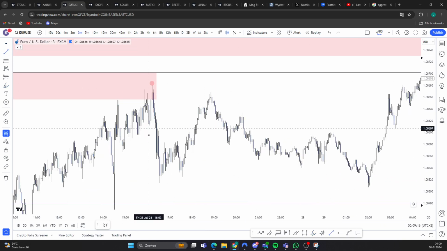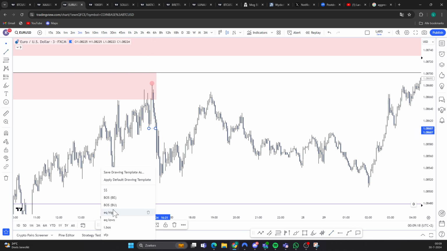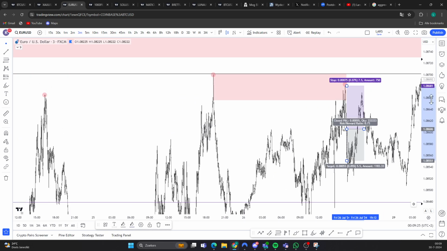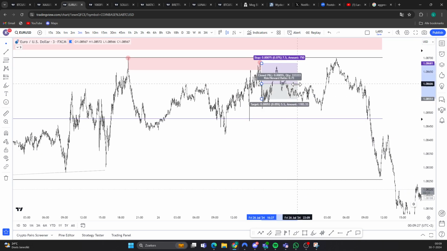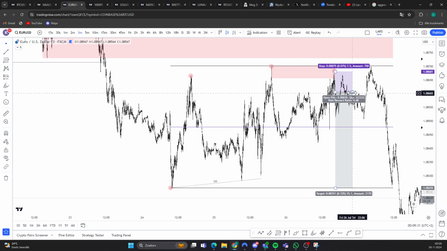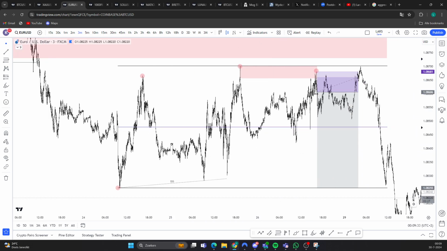The break of structure was right here. This was my entry on the retest. There you go. And then I was targeting all the way down here for a nice 4.68%. I can show you the proof that I was talking about this setup right here.